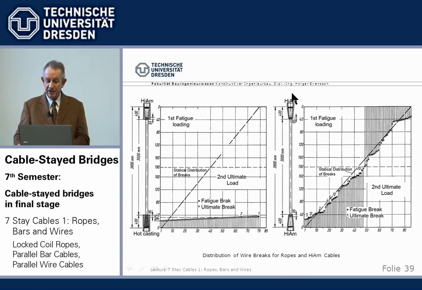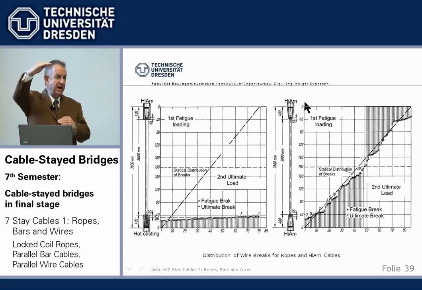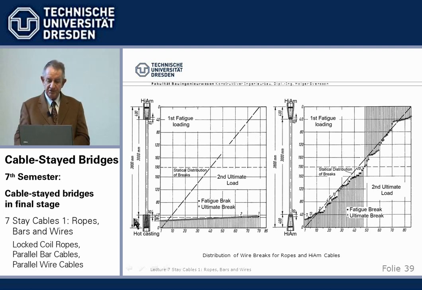And now we make the fatigue test. We stress them for 2 million cycles between 45 and 50% of ultimate. And then we tension them until they break. And the interesting thing, as shown here, is all the wire breaks for the hot Zamak filling take place at the exit of the anchor head. That's where the hot casting changes the structure of the steel.